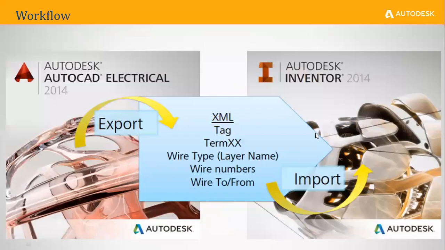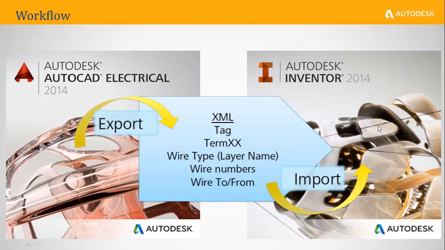Okay. So how it will be exported is that from Electrical it will be exported in XML format, which contains all this information: your tag information, your pin connection information, what type of wire it is, what the wire number is, and where it goes from which component to which component. We can export this as XML format, and that will be imported into your Inventor.